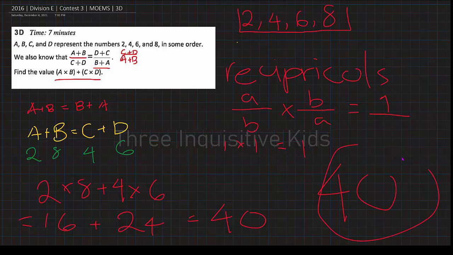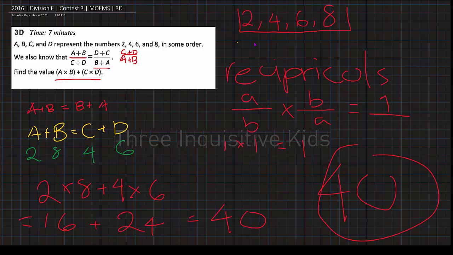Now, before we go, I want to quickly review what we did in case there's any confusion. First, we thought about how these two fractions equal each other and are reciprocals of each other, which means that each of these fractions has to equal 1. And from that, we knew that the numerator and denominator of each of these fractions have to be the same in order for the fraction to equal 1.